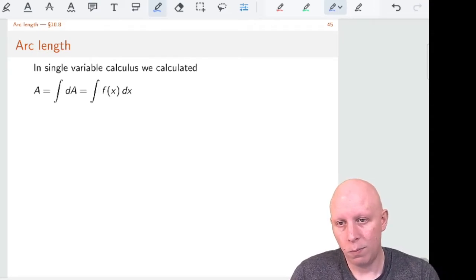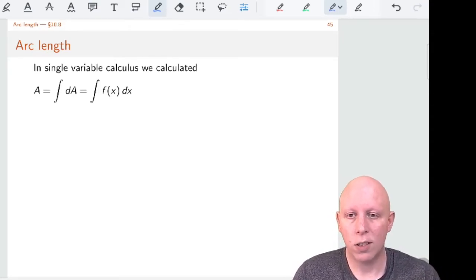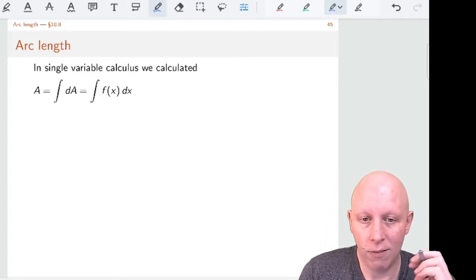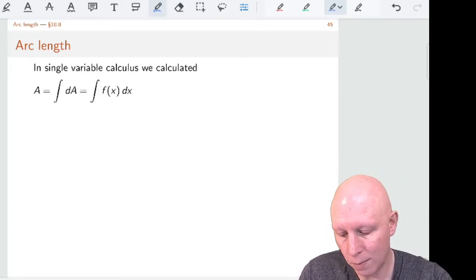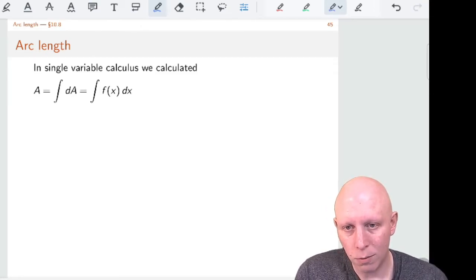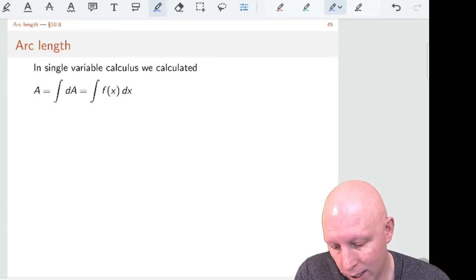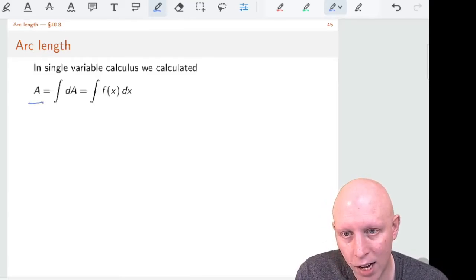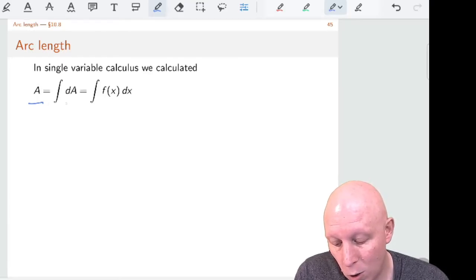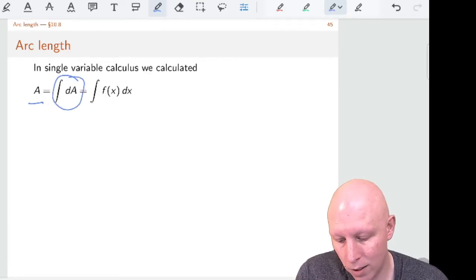And to set the stage, let's first talk about the way we've approached calculating area and volume in single variable calculus. When we were dealing with single variable calculus, we calculated the area under a curve by calculating a whole bunch of little bits of area, right?